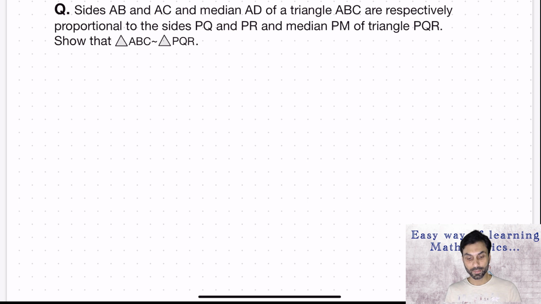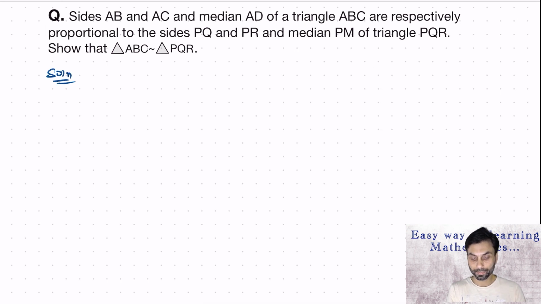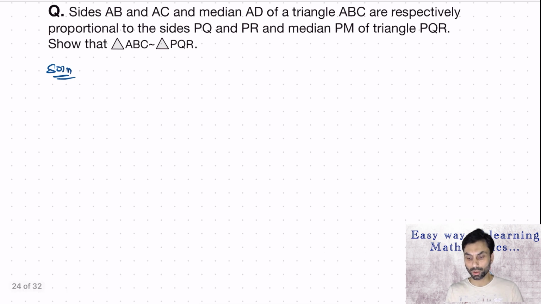what we are getting here is that sides AB and AC and median AD of triangle ABC are respectively proportional to the sides PQ and PR and median PM of triangle PQR. Show that triangle ABC is similar to triangle PQR. So let's prove it. For this again, we are going to draw two triangles.